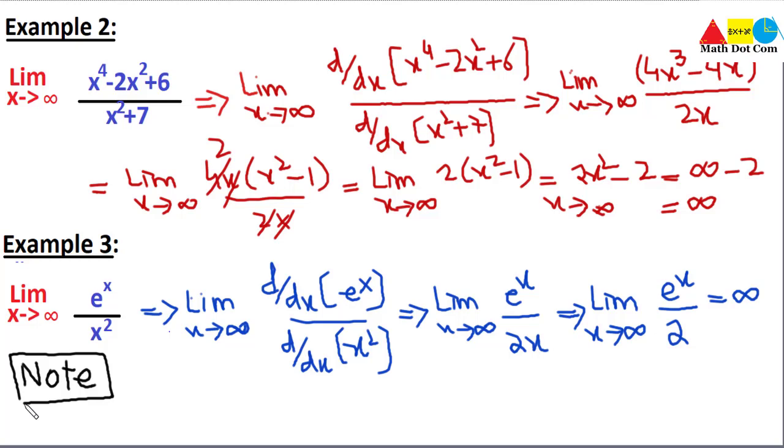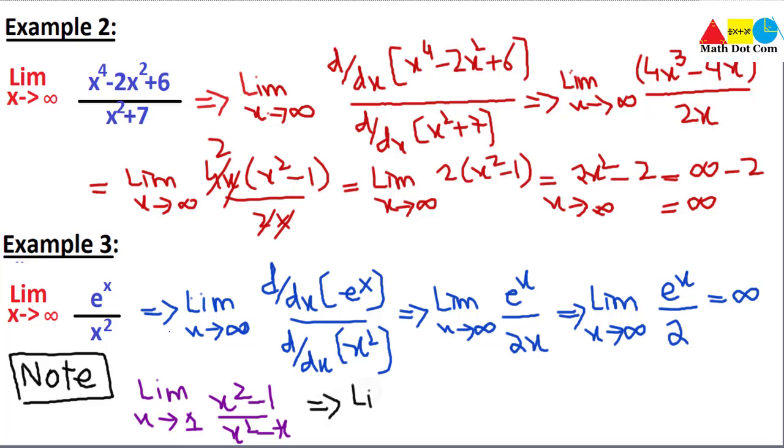For example, if you are given the function limit x approaches to 1, and the function is x square minus 1 divided by x square minus x. So if we put 1 in this function, then we will get a 0 in the denominator, that is an indeterminate form. Now it is not necessary that we have to apply L'Hopital's rule here. We can solve it by just using the identities as well.